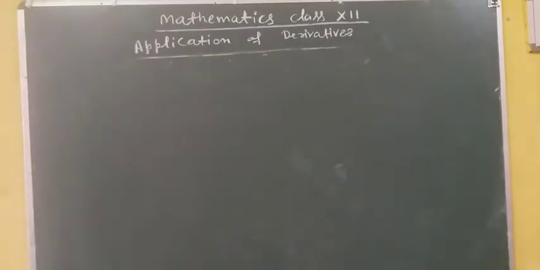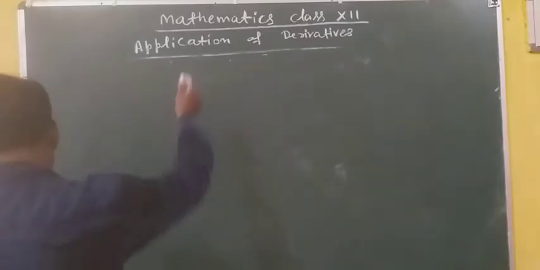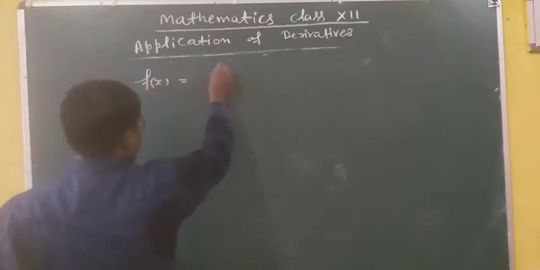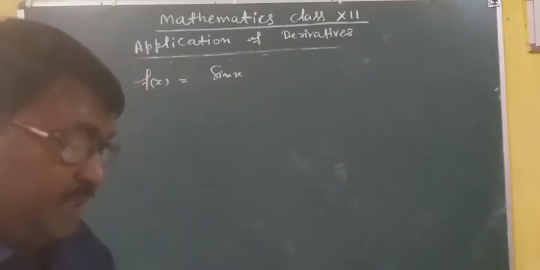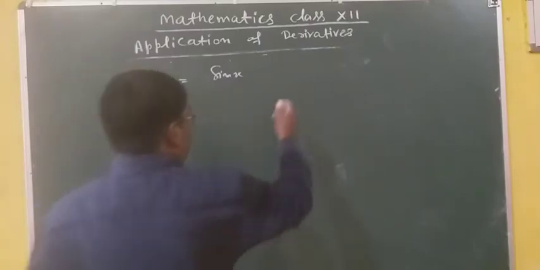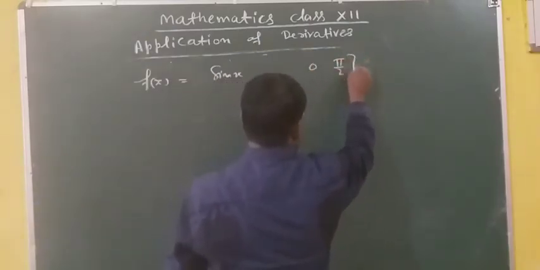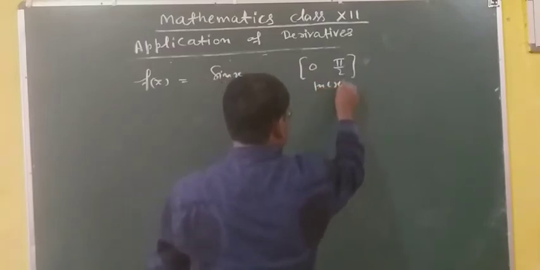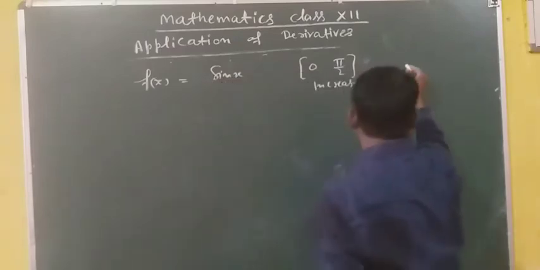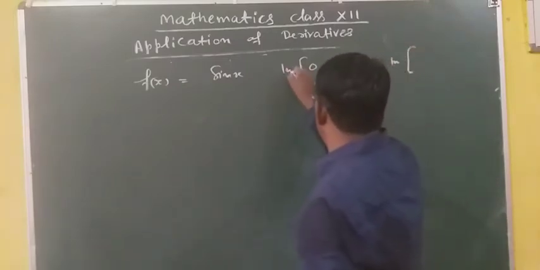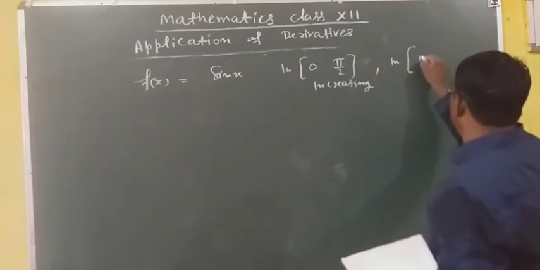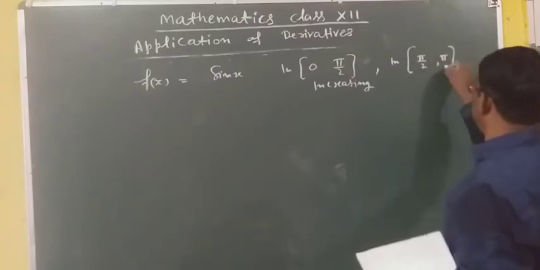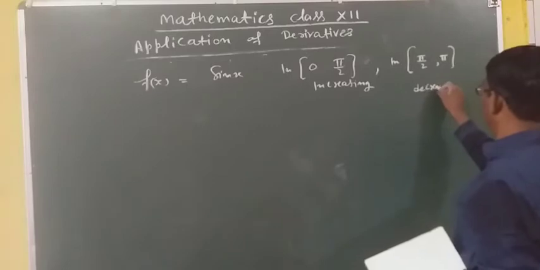Here there is a question: if f(x) is sin x, you have to show that f(x) equals sin x is increasing in 0 to pi by 2, and in pi by 2 to pi it is decreasing.